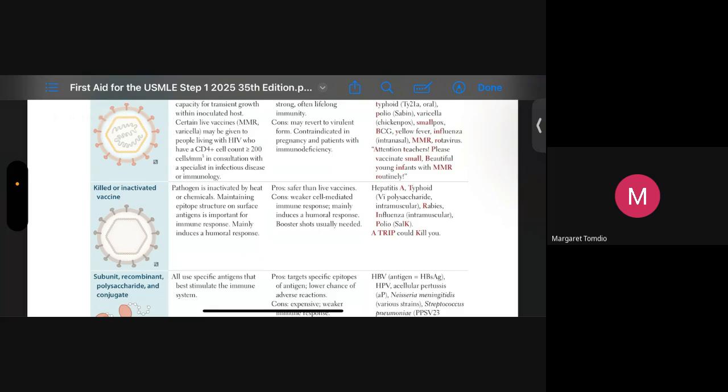But if we cannot infect a cell with the killed vaccine, we can never get cellular immunity. But yes, we can get humoral immunity if the bug has any peptide antigen, if you guys remember, because MHC2 is only able to present the peptide antigen, right? So in the killed bug, if we retain some of the peptides of that bug, you can still get a humoral response.